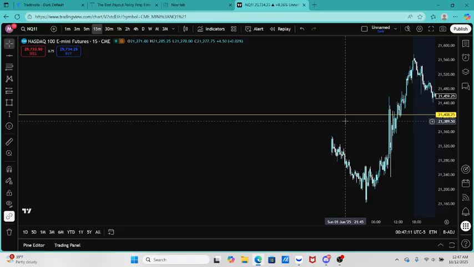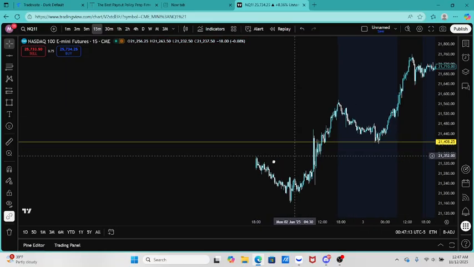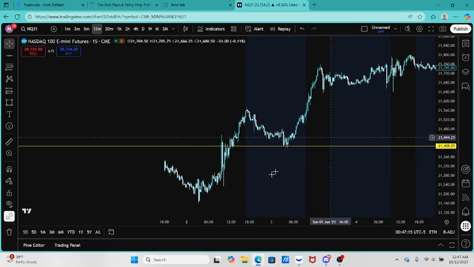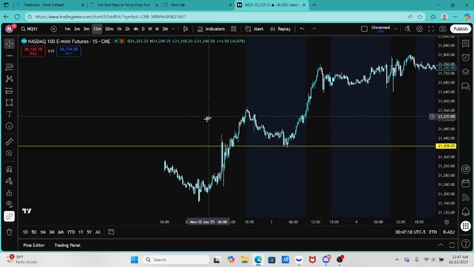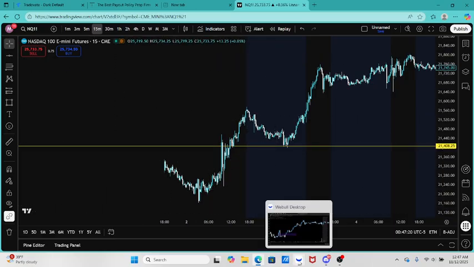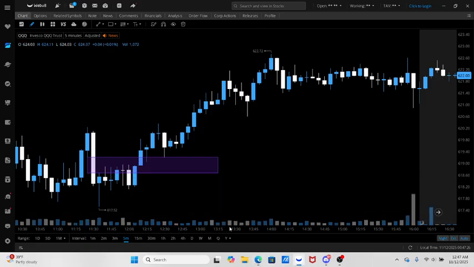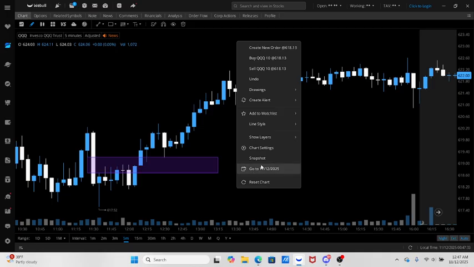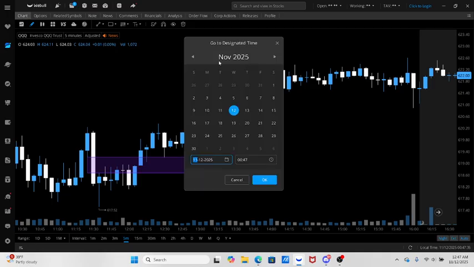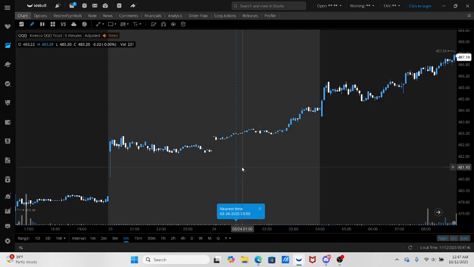Okay, let's see here. Sometimes with TradingView, price doesn't want to go all the way back, so I'll just go to Webull. March 24th.